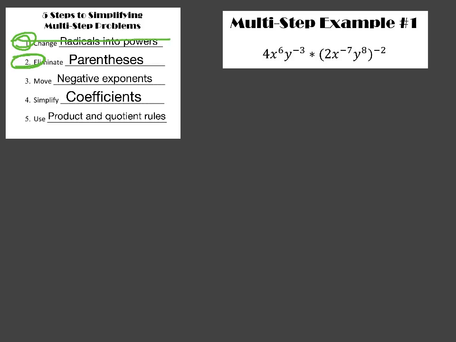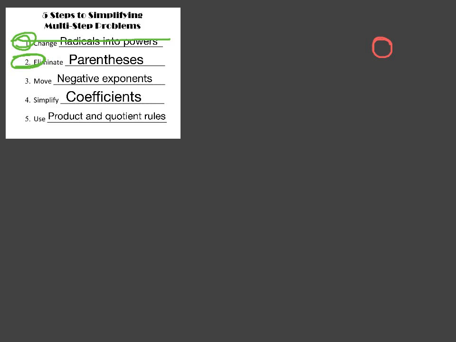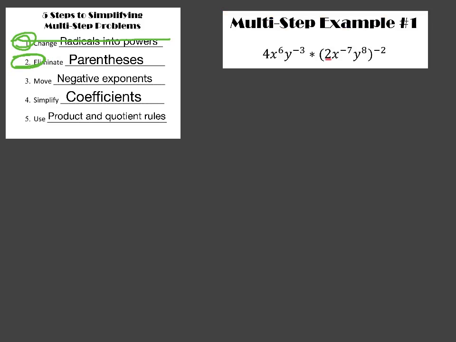It says eliminate parentheses. So I'm coming over to my problem and I'm seeing if I have any parentheses. Well, I do. They are right over here. So I'm going to eliminate my parentheses. Now how I do that is, remember, I have to take the exponent that's on the outside of the parentheses. This time that's a -2, and I'm going to distribute it, which means I have to put it on the 2, on the x, and on the y.